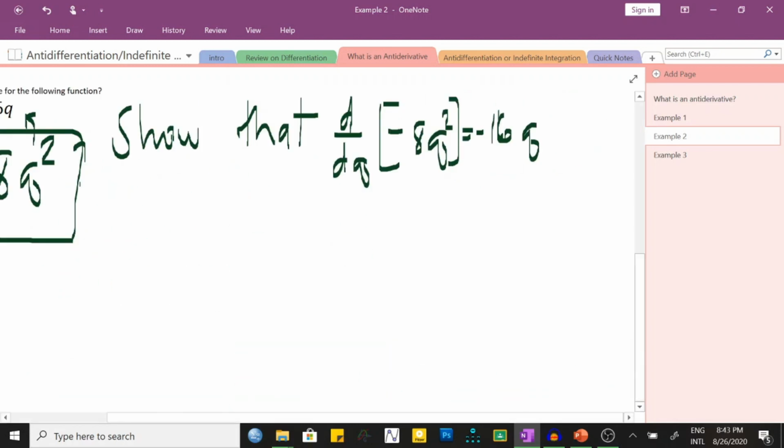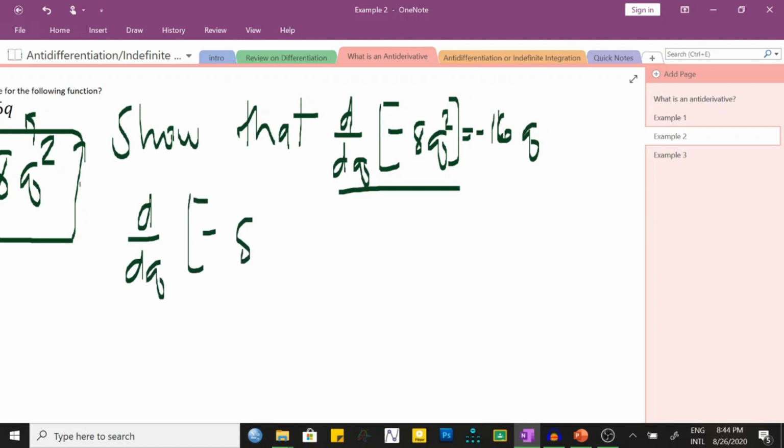Alright, so how do we show this one? We need to take the derivative of this expression here. That's why I reviewed you on how to take the derivatives of functions. You have a constant, that's negative 8, so we bring it out.